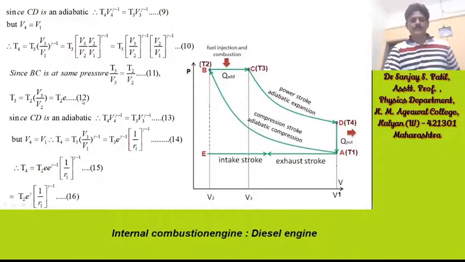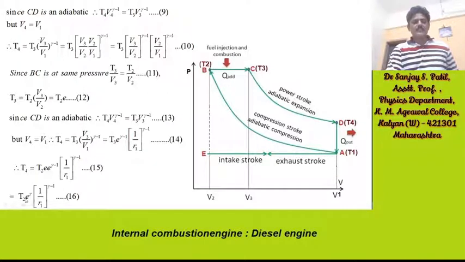So from this, T3 = T2 (V3/V2), which is equal to T2 E. This is equation 12. Since CD is adiabatic, therefore T4 V4^(gamma−1) = T3 V3^(gamma−1). But V4 is equal to V1, therefore T4 = T3 (V3/V1)^(gamma−1) = T3 E^(gamma−1) (1/R1)^(gamma−1). Therefore, T4 = T2 E^(gamma−1) (1/R1)^(gamma−1). This is equation 15.